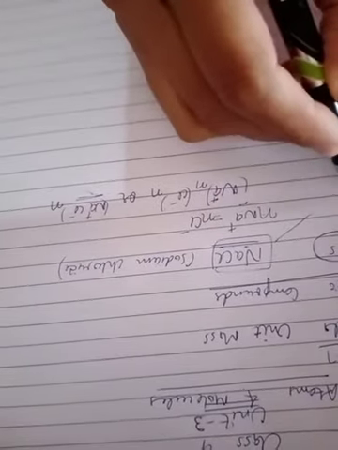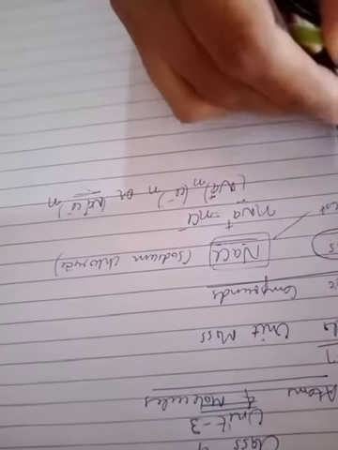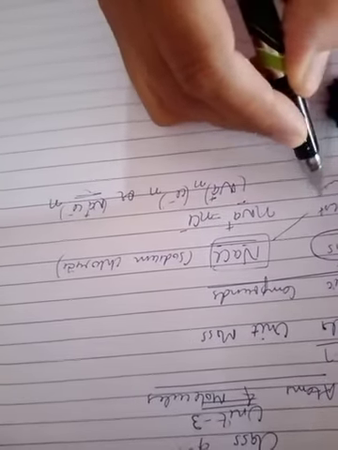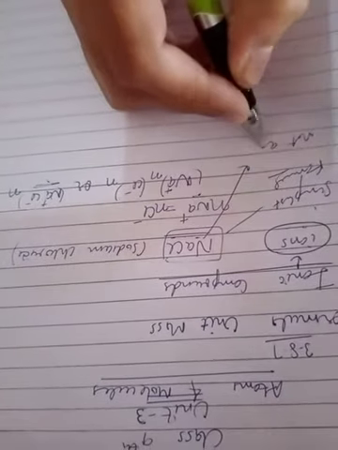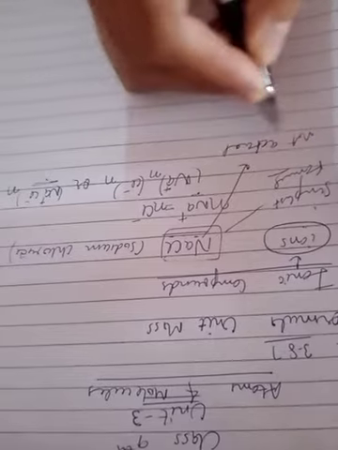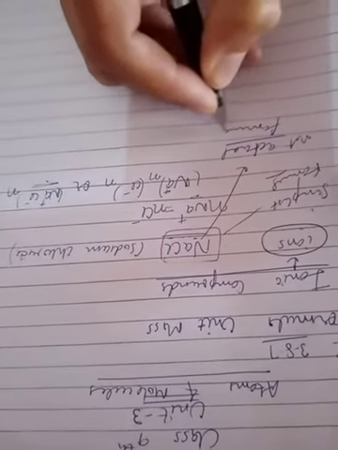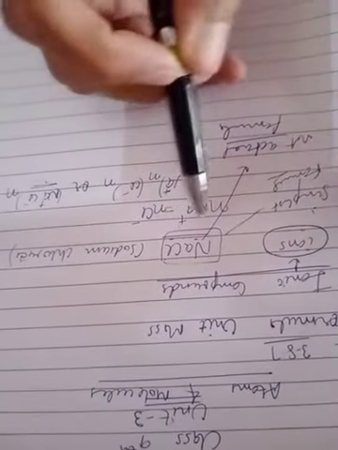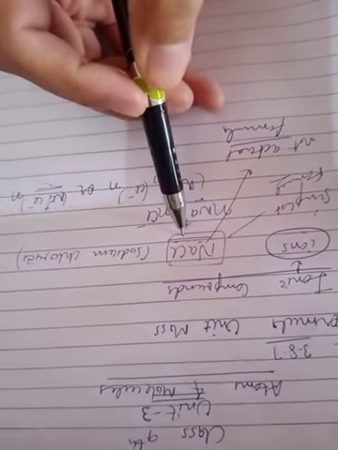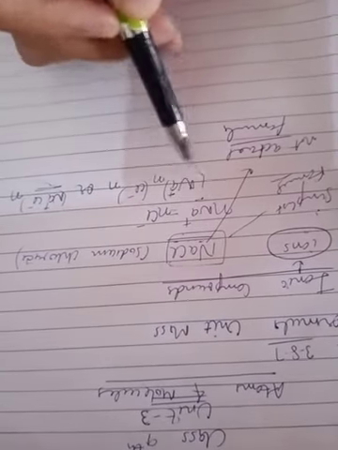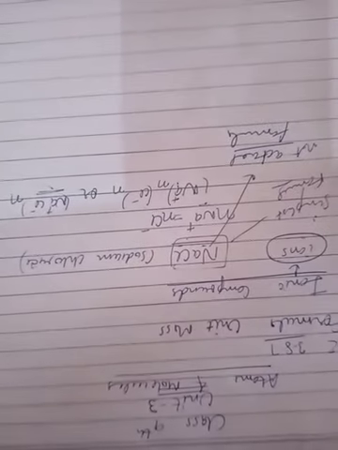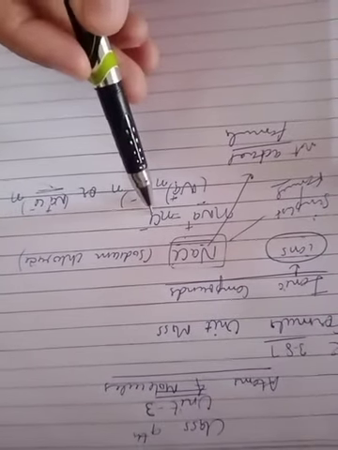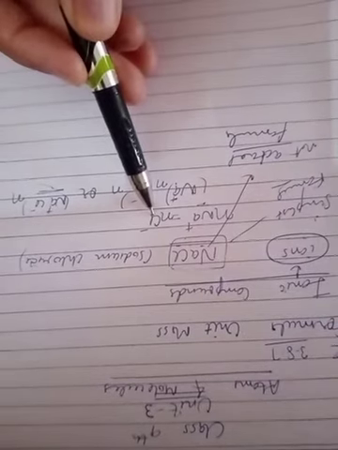This is the simplest formula of NaCl, and this NaCl is not the actual formula. Clear? What do I mean? It is the simplest formula of sodium chloride, because sodium chloride consists of a large number of sodium and chloride ions in the crystal lattice, in which these ions are present in a definite order.